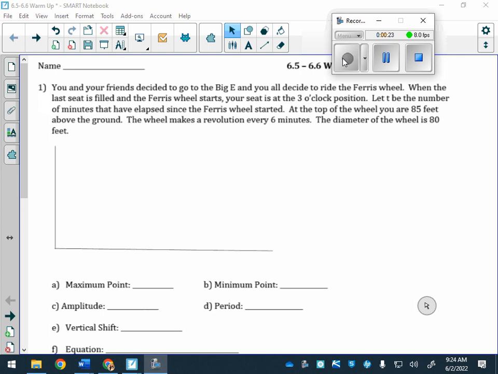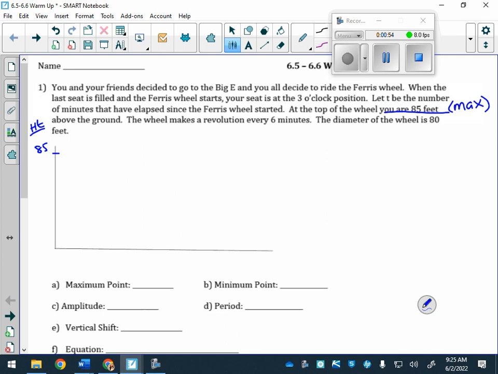Okay, so who could tell me, what do we know? Yeah, Catherine. Okay, the maximum height is 85. Remember, this is height. Okay, what else, Jax? The minimum would be 5.